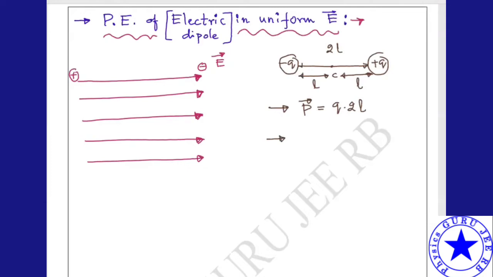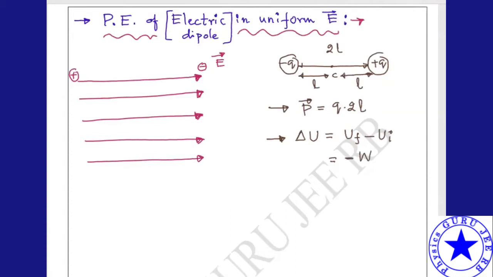Now anybody can tell me, what is change in potential energy? We discussed it before. Change in potential energy is final minus initial: final potential energy minus initial potential energy. Or this can also be written as the negative of work done.